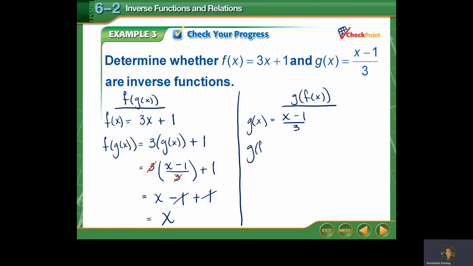Now I have g of f of x equals f of x minus 1, all over 3. Okay, do you see?